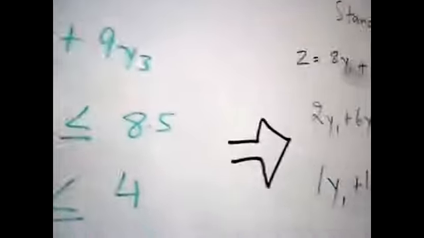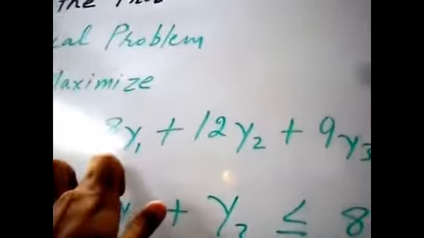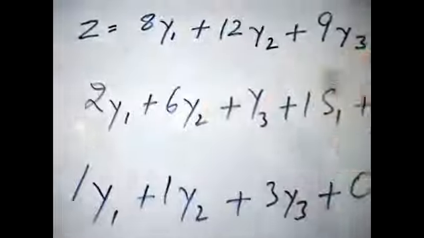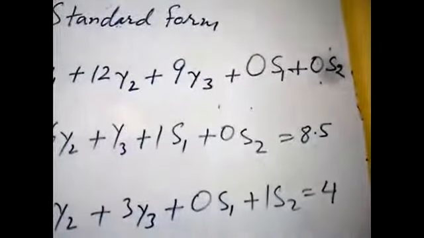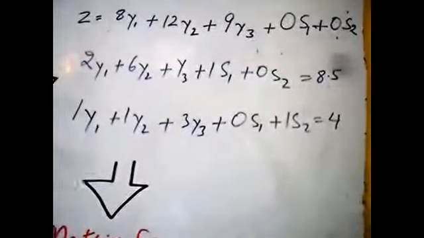First, we add 0s1 and 0s2 to the objective function 8y1 plus 12y2 plus 9y3. There is no effect when we add 0 to any number; suppose 4 plus 0 means 4. But this will be helpful for making the simplex table.